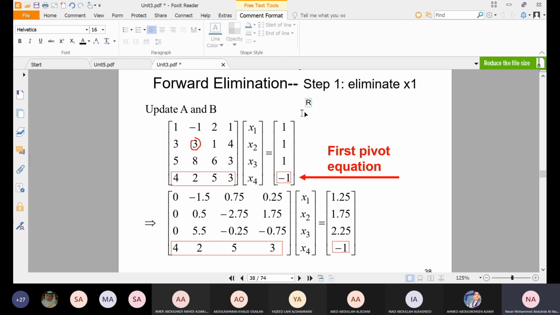So row number 1 will equal row number 1 minus. Okay, what do we have here? Here we have a coefficient of 1 over 4. The coefficient is 1 and the pivot element is 4. So this will be multiplied by 1 over 4 multiplied by row number 4. So that means I want to convert this one to 0.